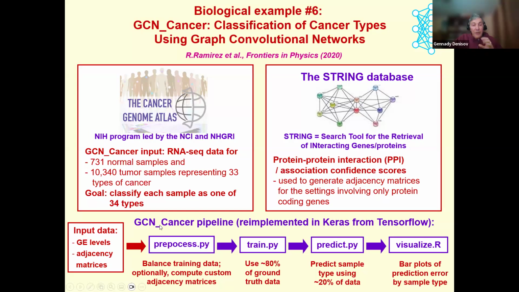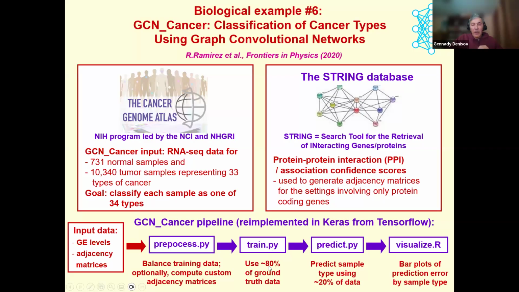The re-implemented application involves 4 executables, which should be executed exactly in the order shown. The first executable, preprocess, optionally performs balancing of training data. Optionally, it can also create custom adjacency matrices.